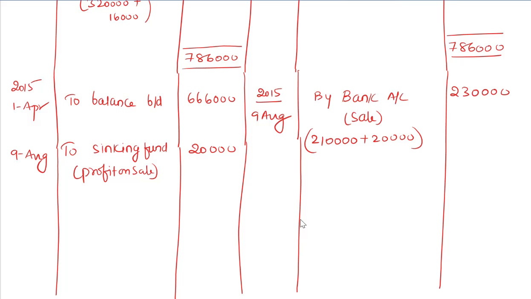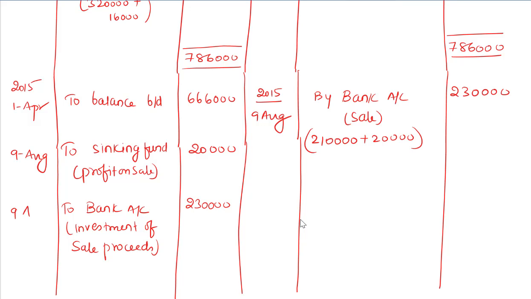This 2,30,000 needs to be invested back. So to bank account, investment of sale proceeds, 2,30,000 on 9th of August. So opening balance was 6,66,000.